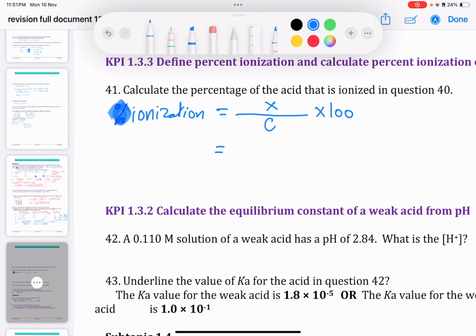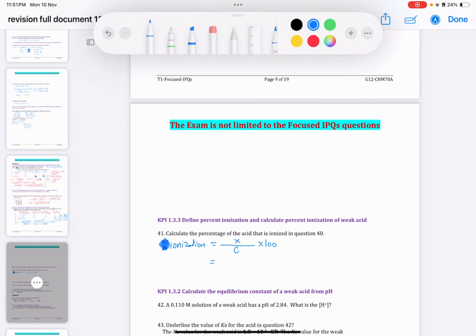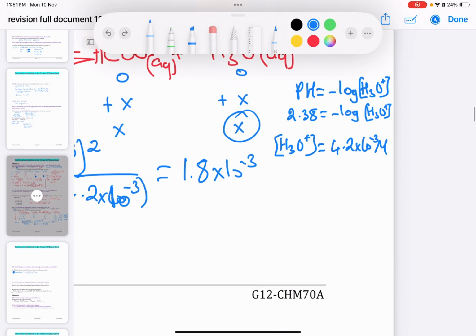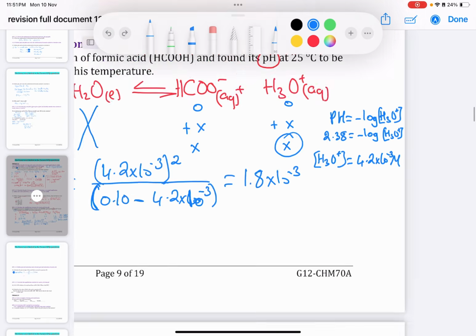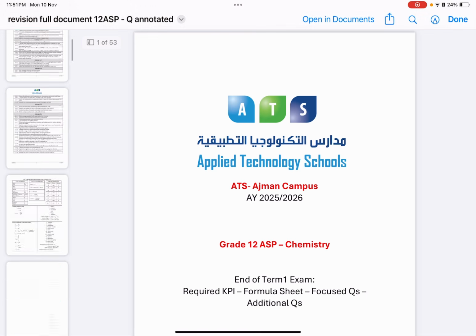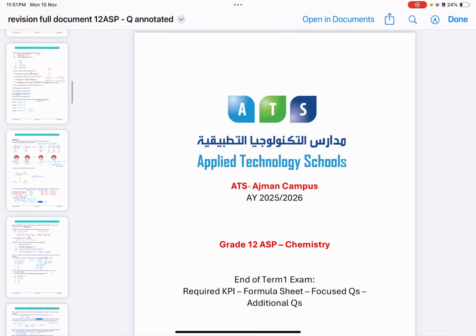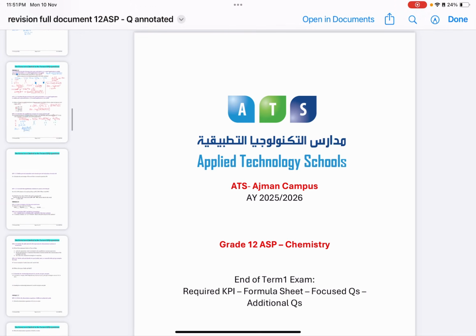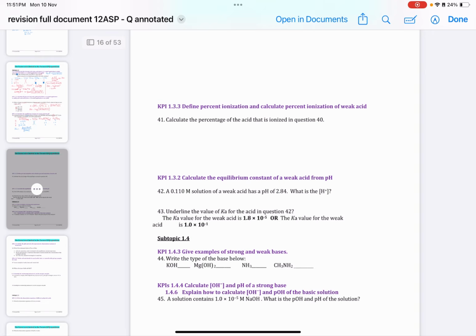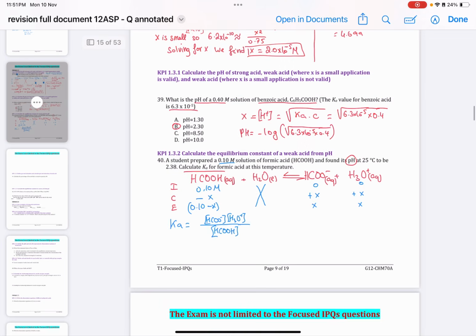From the previous question, we know that x is equal to 4.2 times 10 to the power negative 3, and the given initial concentration is equal to 0.10.